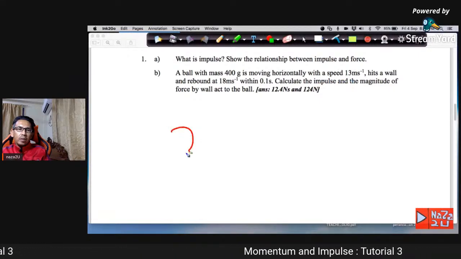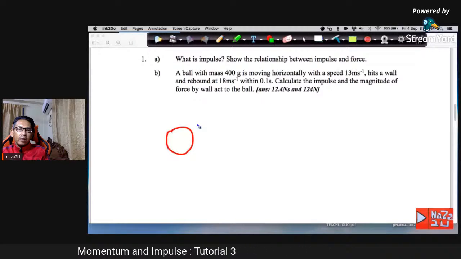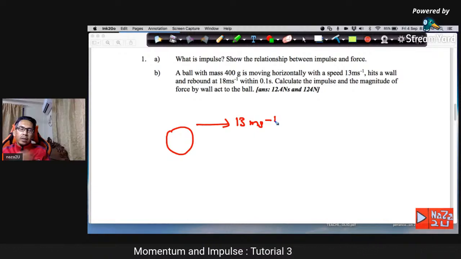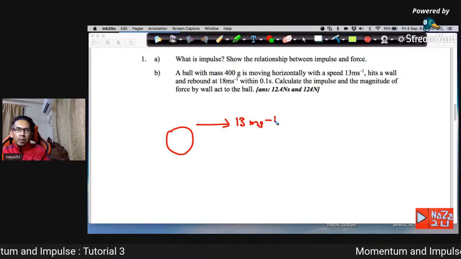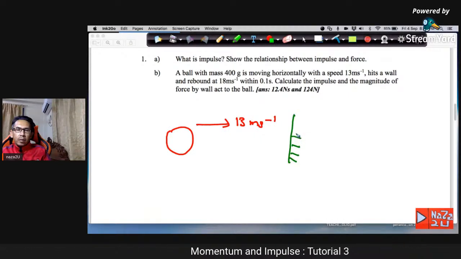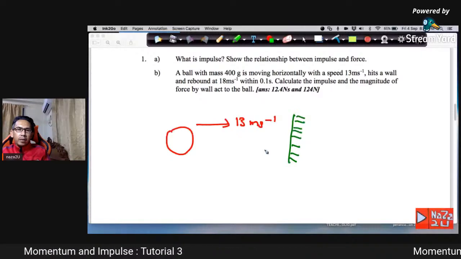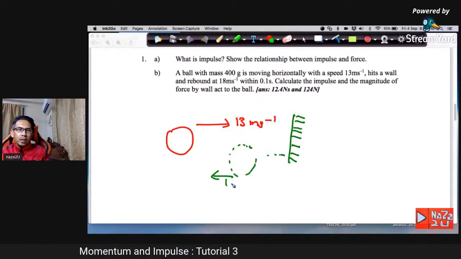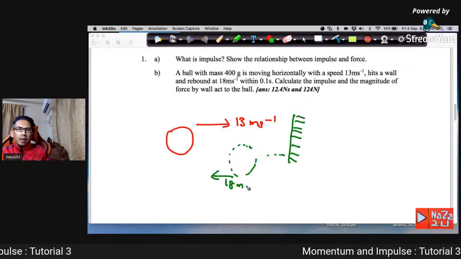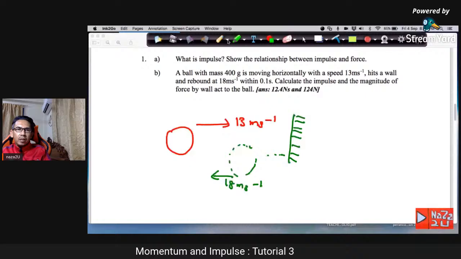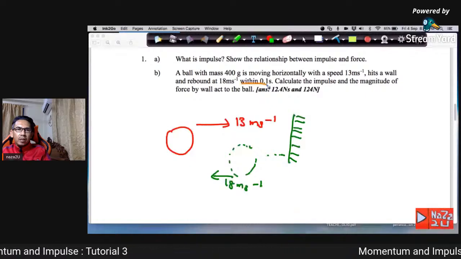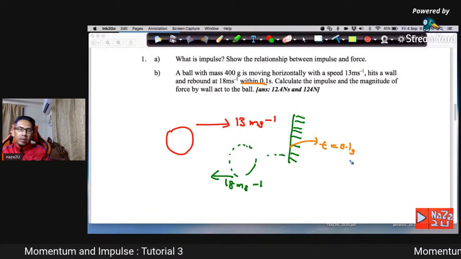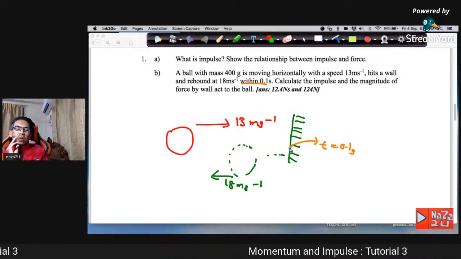You have the ball moving horizontally and it hits the wall, and after that rebounds. It moves back in the opposite direction at a speed of 18 meters per second. And the process, it says here, happens within 0.1 seconds. So the process where it hits the wall takes place in t = 0.1 seconds, a quick collision between the ball and the wall here.